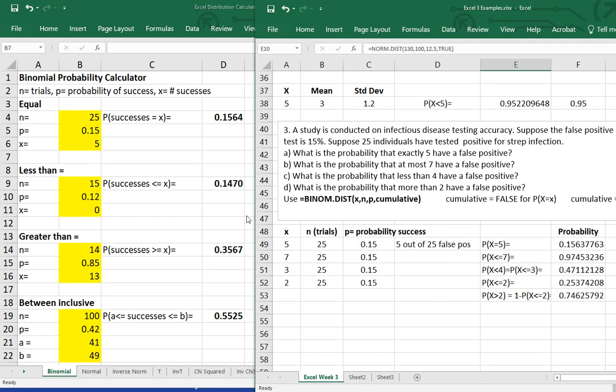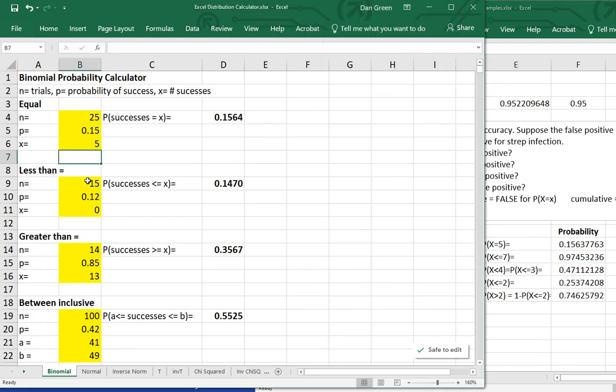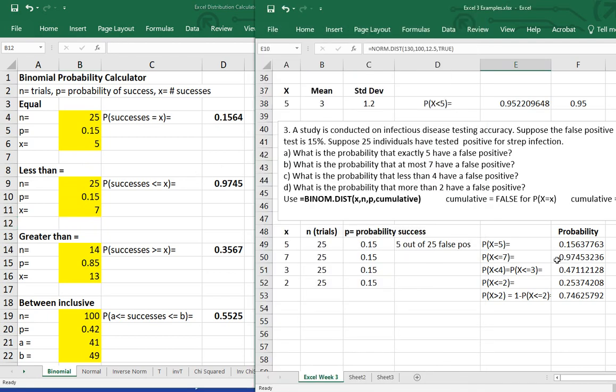A less than or equal probability, that's going to be right here. So we had less than or equal to 7. So we're going to type in 25 for n, 0.15 for p, and then 7 was our x value. .9745, and that's what we got over here, .9745. Greater than 2, we got .7462.